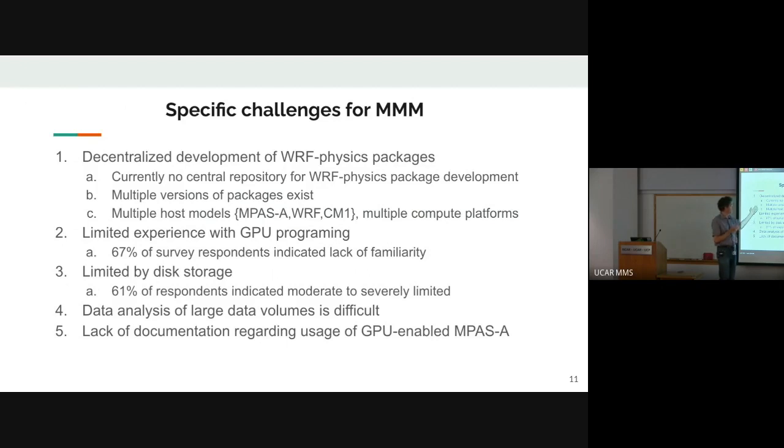I know this is a project that's underway, but I think it's really critical because there's no centralized repository for these package developments. So now multiple versions exist, and multiple host models: MPAS-A, WRF, CM1, on multiple compute platforms. We ran into this when we wanted a particular microphysics package.